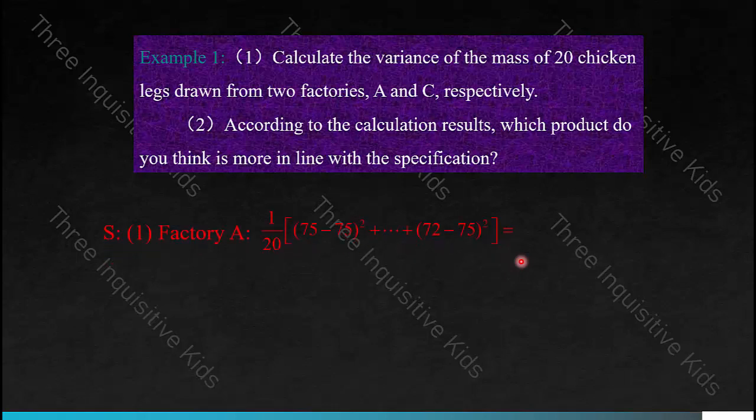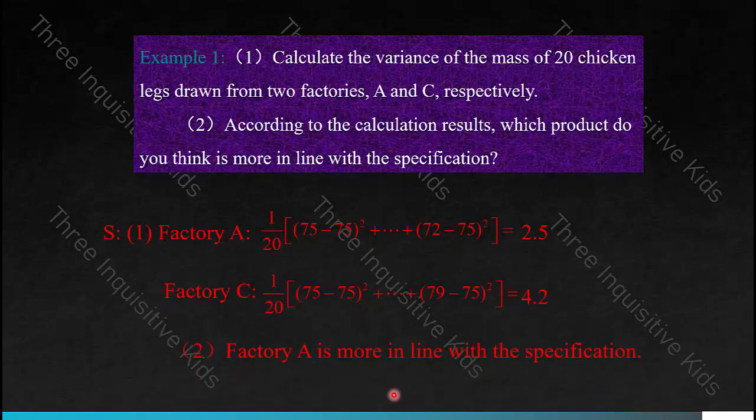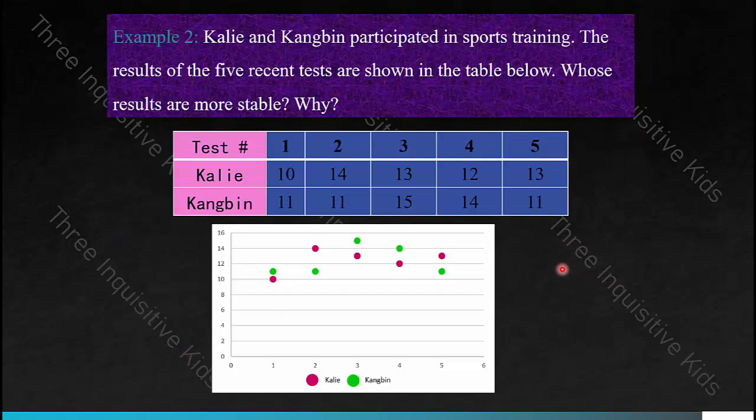Let's first calculate Factory A. Again, you can always go back in the video and go to those graphs we looked at earlier, and this would be your equation for variance of Factory A. You'll get 2.5. Factory C, you get 4.2. And the answer to question 2 is Factory A is more in line with the specification because it has a smaller variance.